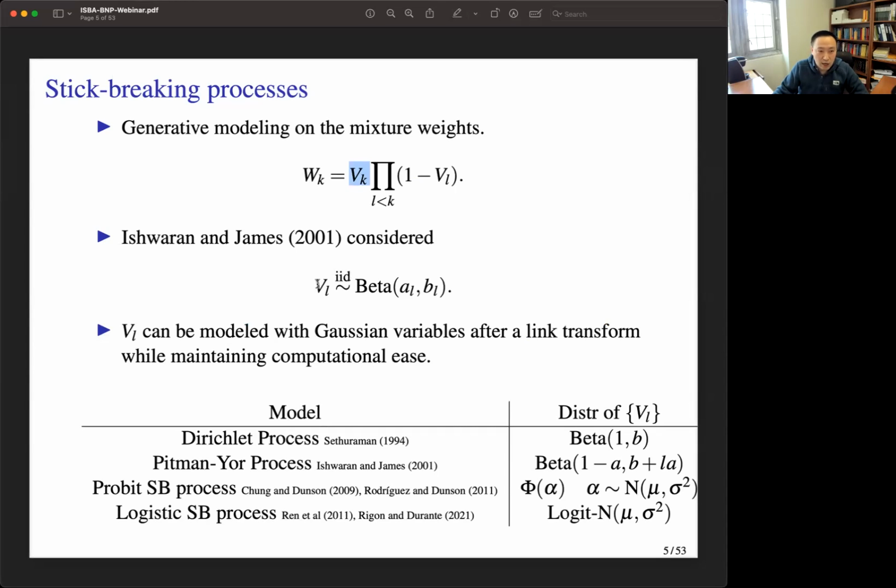The form introduced by Ishwaran and James is also independent beta priors. There are also famous processes such as the Dirichlet process, and later in the covariate-dependent setting, David Dunson, my colleague, and co-authors introduced probit stick-breaking, logistic stick-breaking, and so on, corresponding to different priors for these V's.